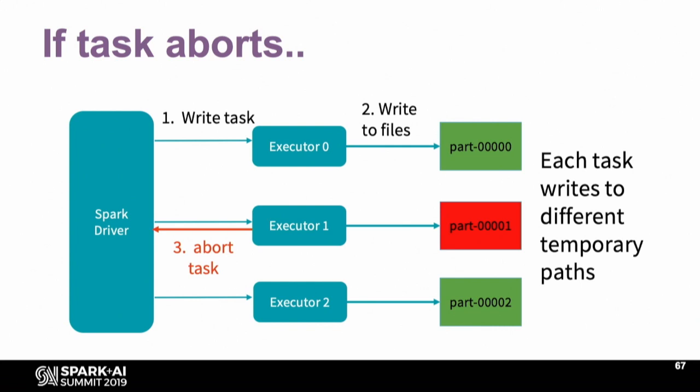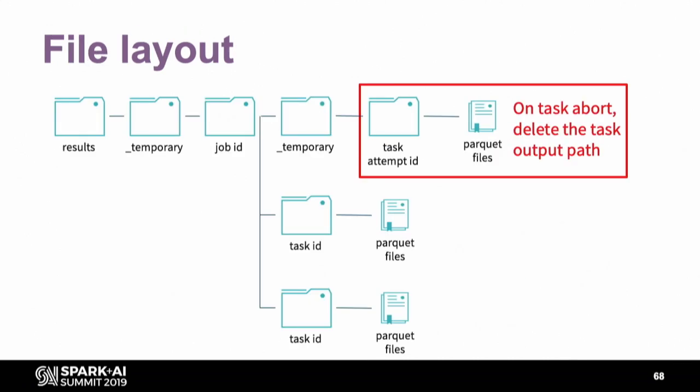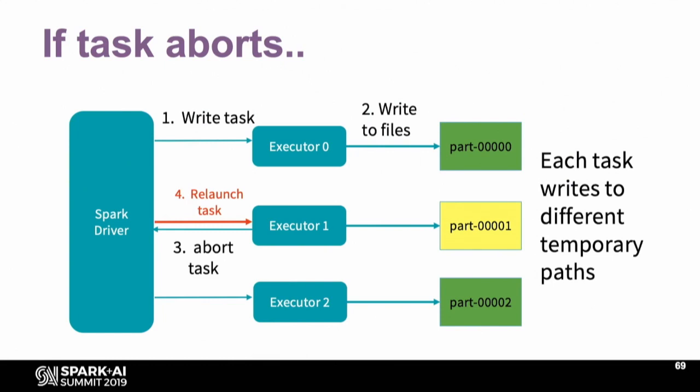The executor will delete the path of the aborted task and let the driver know the failure. We can see that the aborted output is removed, while the committed one remains there. After Spark is aware of the failure, the Spark driver will relaunch the task, which will create a new temporary directory.